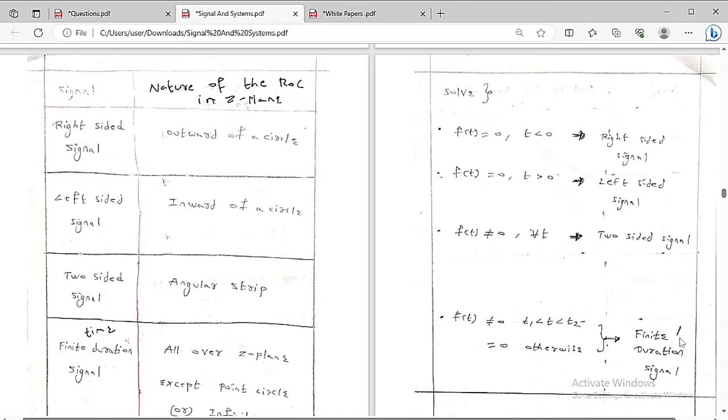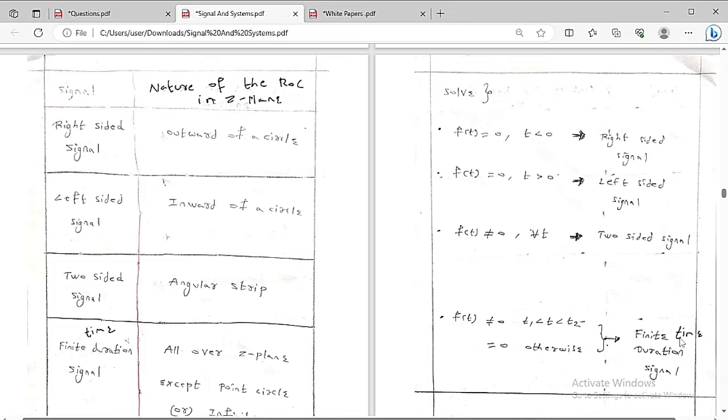Listen carefully. Finally, if f of t is equal to 0 for t less than 0, it is a right-sided signal. If f of t is equal to 0 for t greater than 0, it is a left-sided signal. If f of t is not equal to 0 for all values of t, it is a two-sided signal. And if f of t is not equal to 0 for certain values of time from t1 to t2 and is 0 otherwise, it is a finite time duration signal.